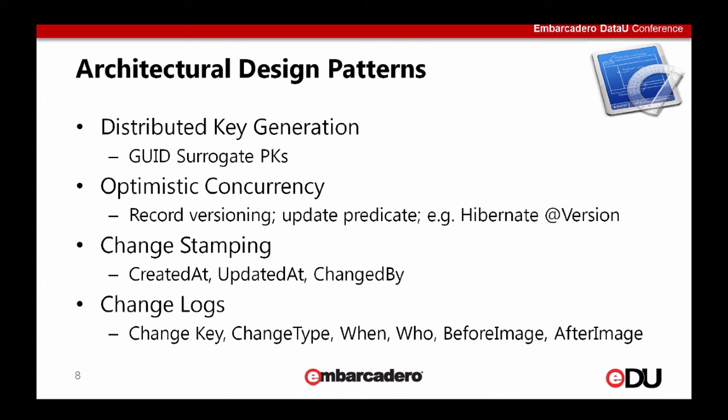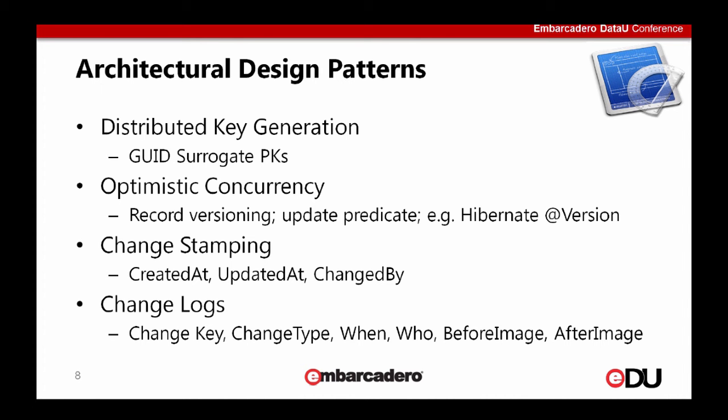Next, optimistic concurrency. So this is a technique by which every change to every record is stamped with a version ID. And this can then be used when updating. Effectively, the update SQL can verify that the record being updated is the same one that was initially read from the database before modification.